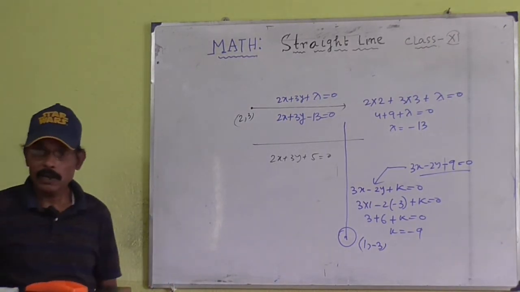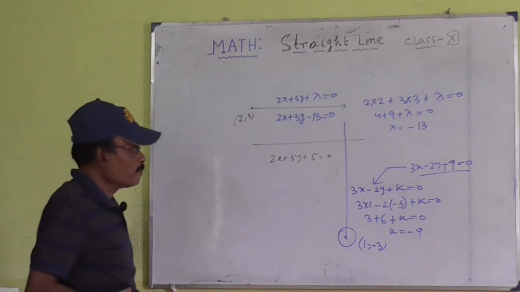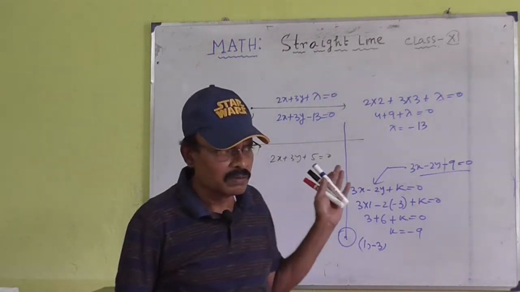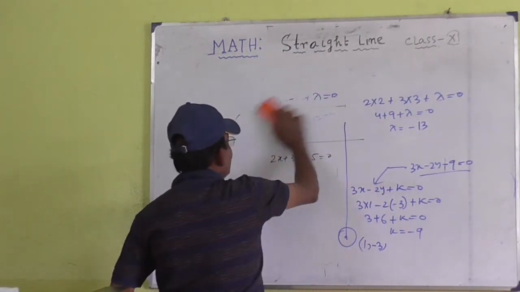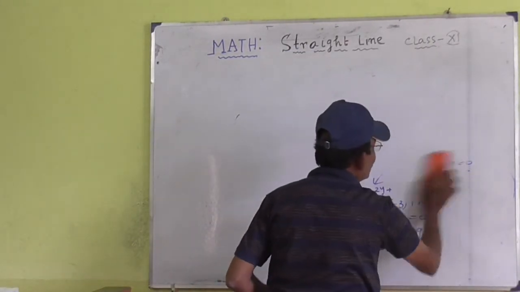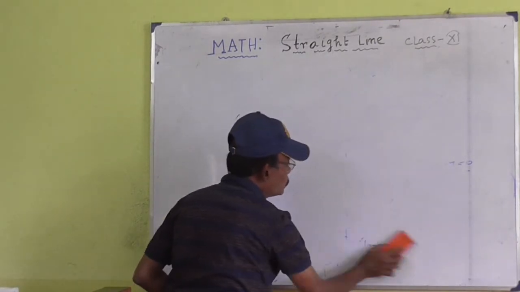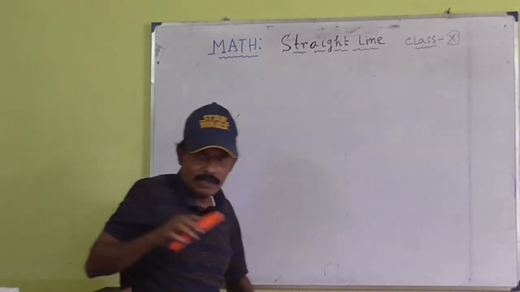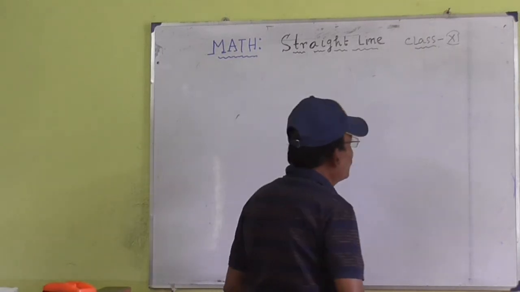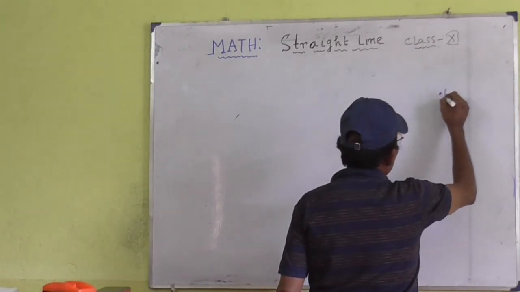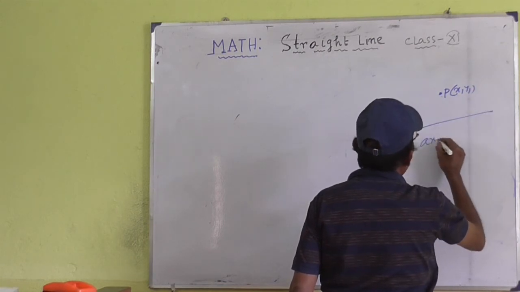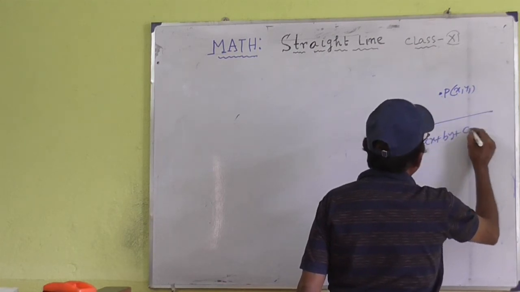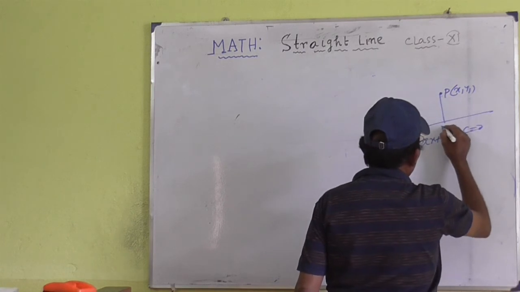Now, another concept comes from this concept. Here we find the perpendicular distance. Let us choose the point P (x1, y1) and the line ax plus by plus c equal to 0.